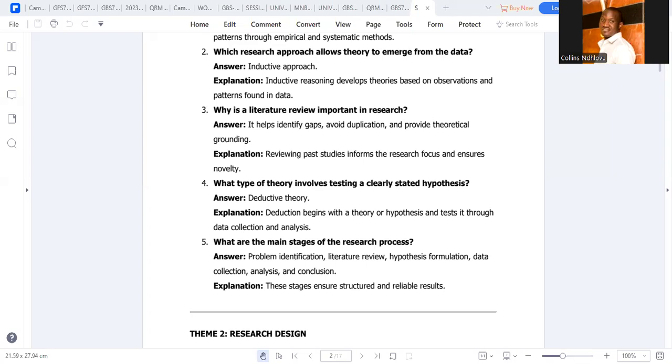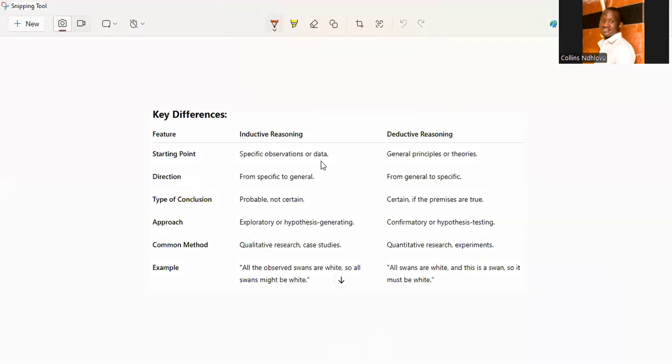A key difference is that I'll be explaining so that you understand the questions in case they are asked in a different way. The difference between inductive and deductive reasoning can be explained in terms of the starting point.